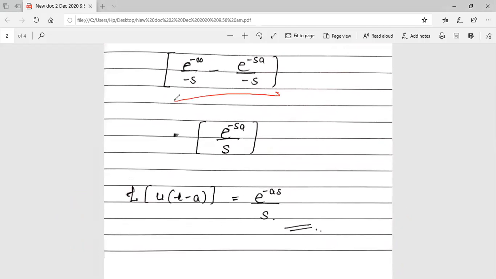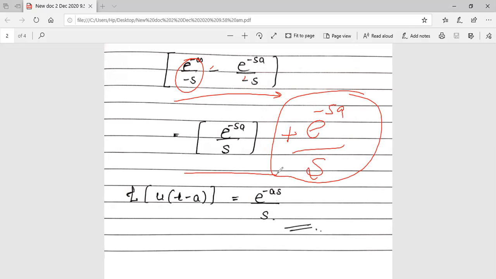This whole term becomes 0, and minus into minus we will get plus e to the power minus s a divided by s. So this is our RHS, and the final resultant answer is Laplace transformation of u of t minus a is equal to e to the power minus s a by s.